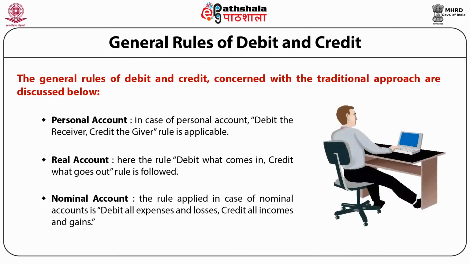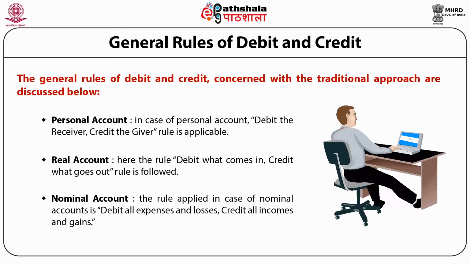Transaction number 2: dividend received in cash, rupees 50,000. Analysis: the accounts involved are the dividend account and the cash account. The cash account is a real account, whereas the dividend account is a nominal account.